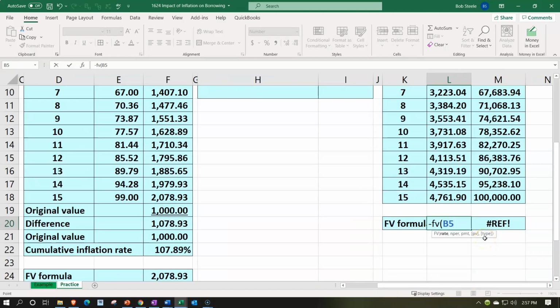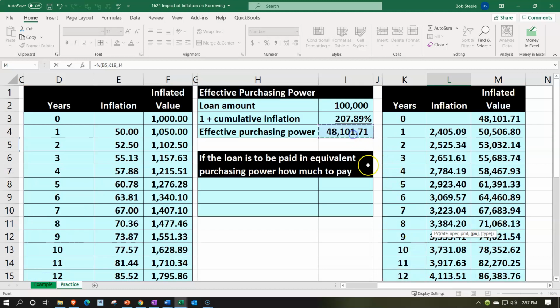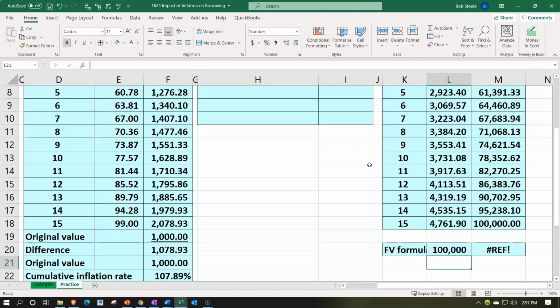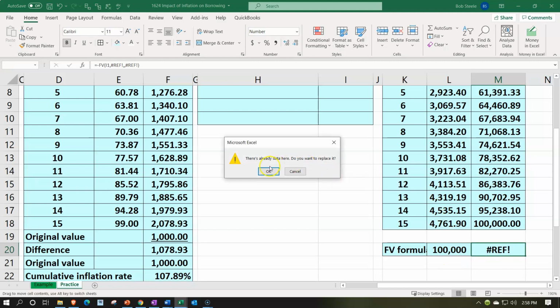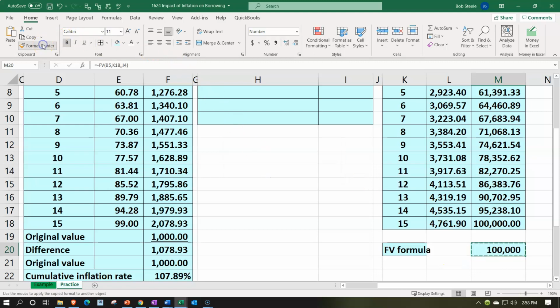And then we'll say comma, number of periods, we'll say 15, comma, because it's not an annuity, but present value of 1. And then if I pick up that 48,101.71, we'll get to, once again, that 100,000, which I should have put over here. I'll drag that over here and then format this cell back so it looks nice and neat. So there we have that.